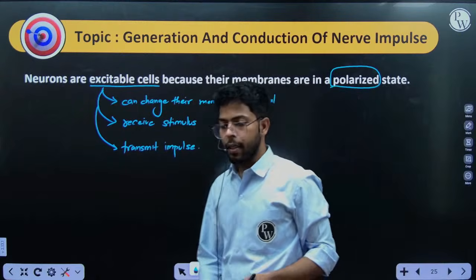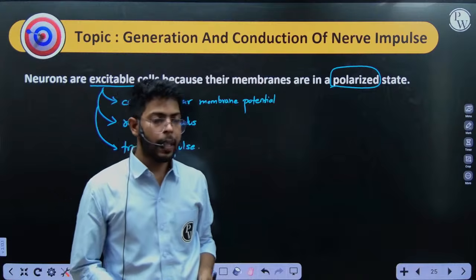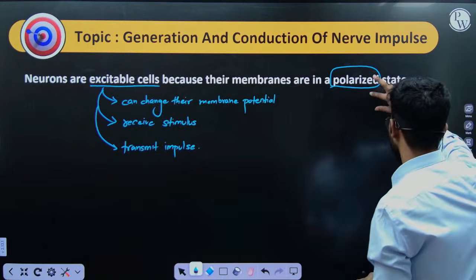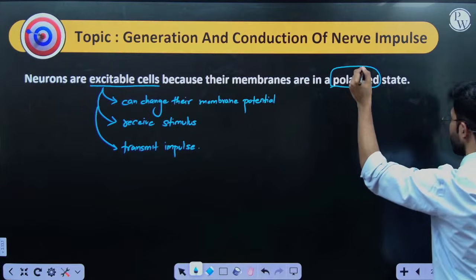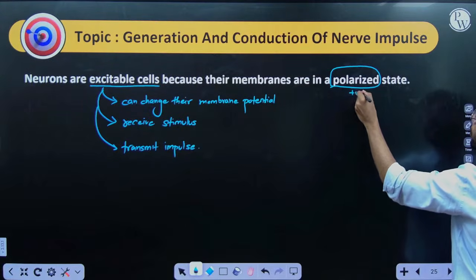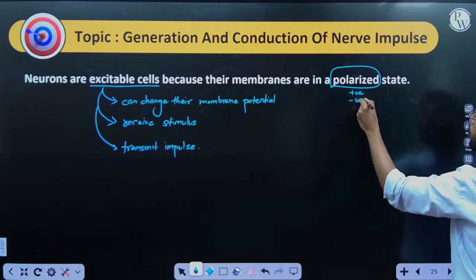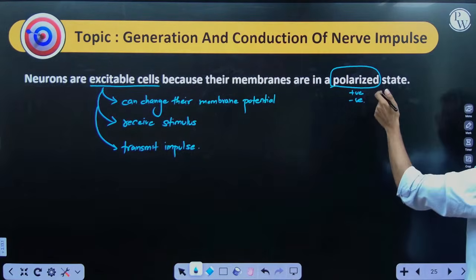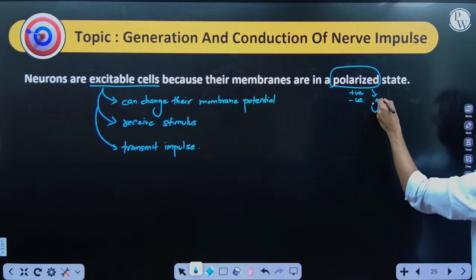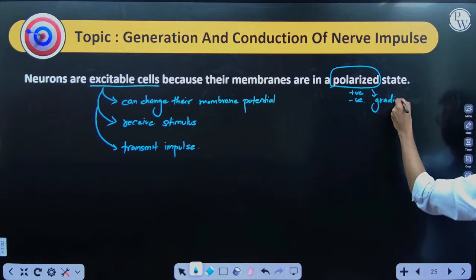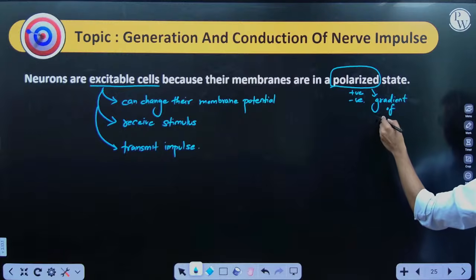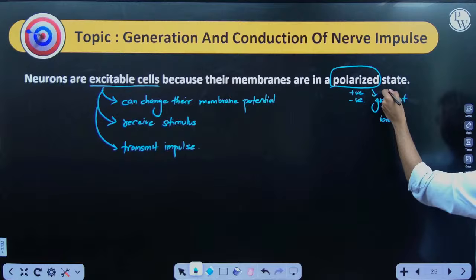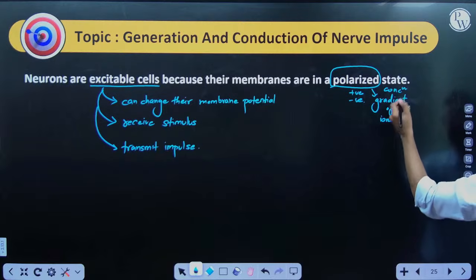So neurons are excitable cells because their plasma membrane is in a polarized state. Polarized means they have positive and negative, a gradient of ions, concentration gradient of ions.